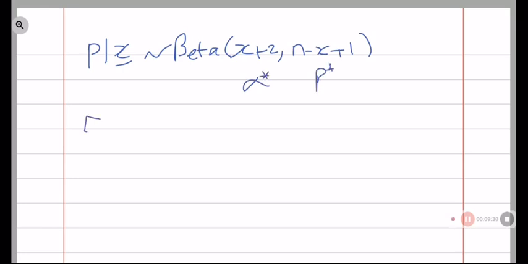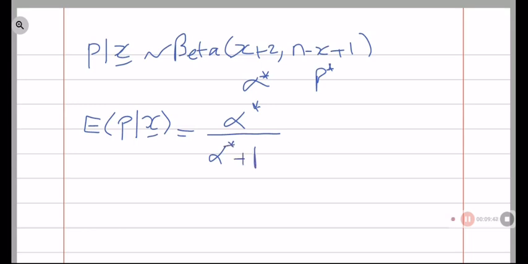Now we know that the expectation of p given x, from the definition of expectation of a beta distribution, will be alpha star divided by alpha star plus beta star, which is equal to x plus 2 divided by x plus 2 plus n minus x plus 1.